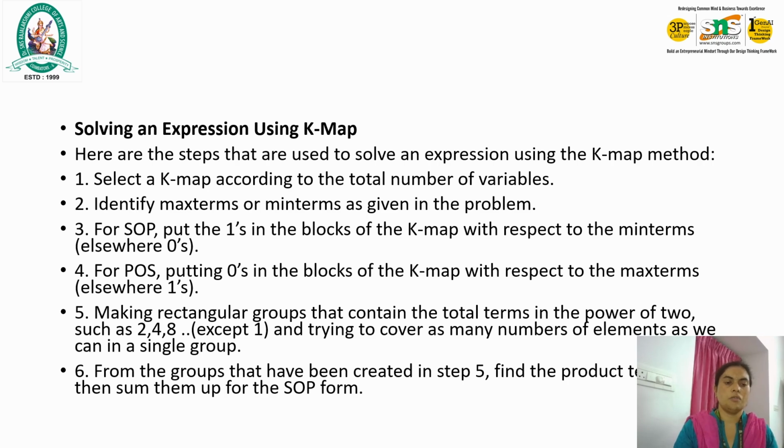For POS, put zeros in the blocks of the K-map with respect to the maxterms. Then make rectangular groups containing a total number of terms that is a power of 2, such as 2, 4, 8, trying to cover as many elements as possible in a single group. From the groups created in the previous step, we follow each step to simplify the map finally.